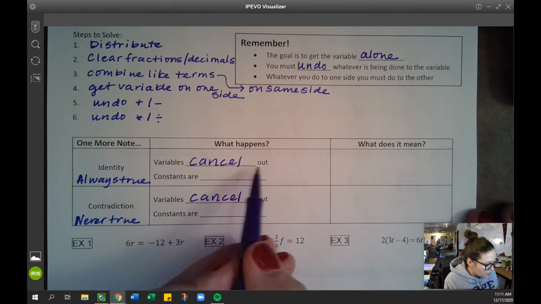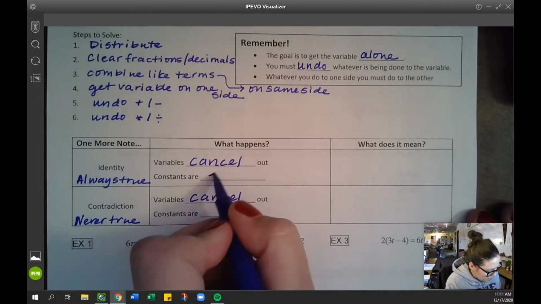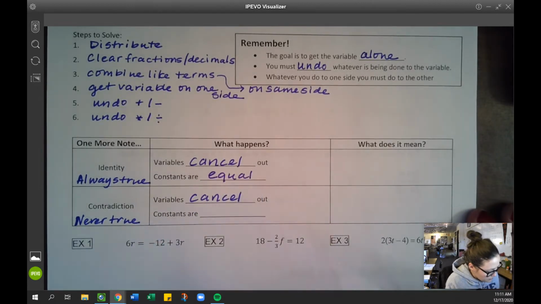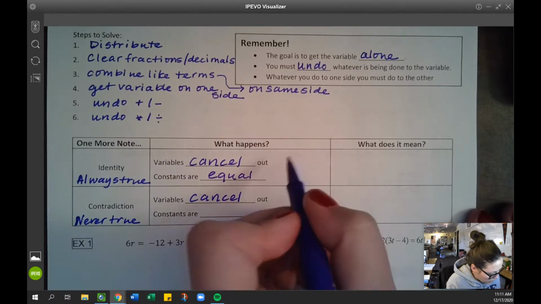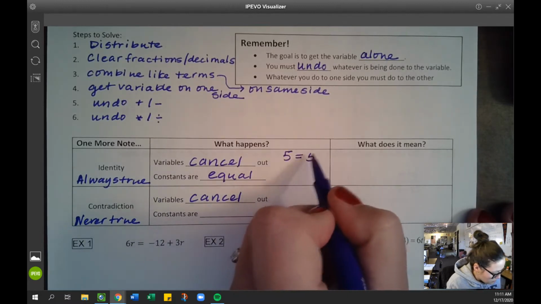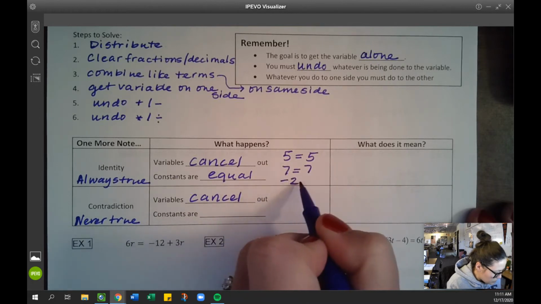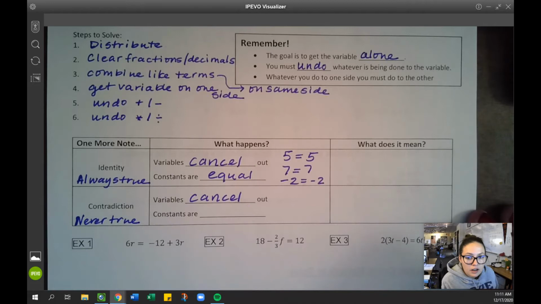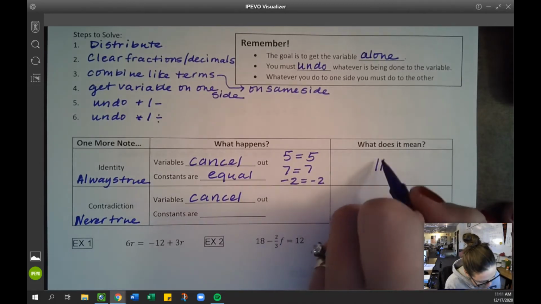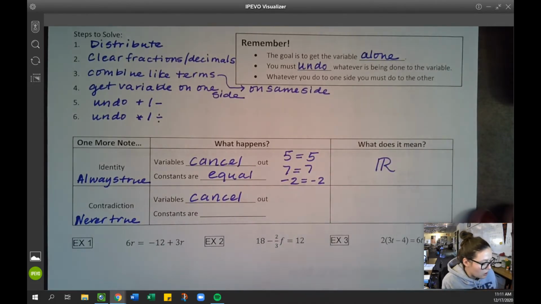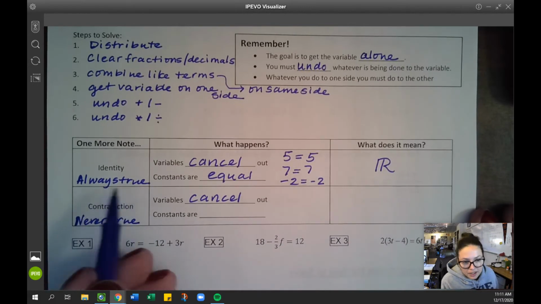And if the variables cancel out and the constants are equal, so like we're left with 5 equals 5, or 7 equals 7, -2 equals -2, that means our solution is all real numbers because it's always true.